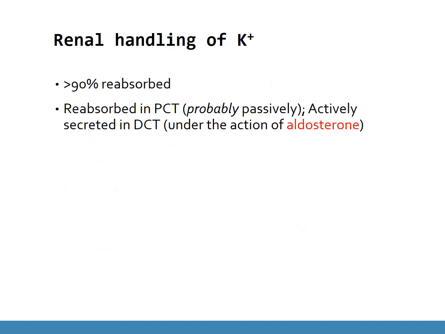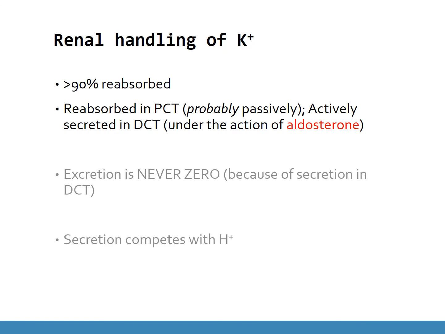Let's look at the renal handling of potassium. More than 90% of potassium that is filtered will be reabsorbed, mainly in the proximal convoluted tubule. Small amounts are secreted in the distal tubules under the action of aldosterone. If you remember, aldosterone causes sodium reabsorption and potassium excretion.